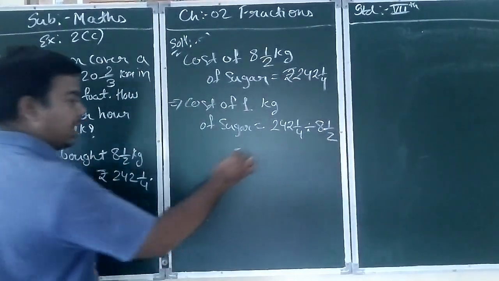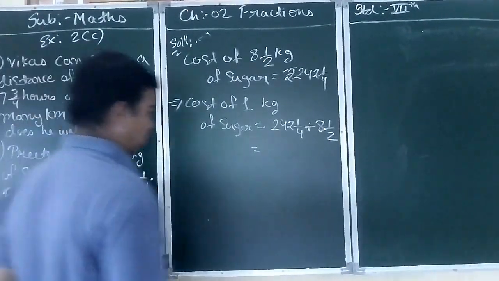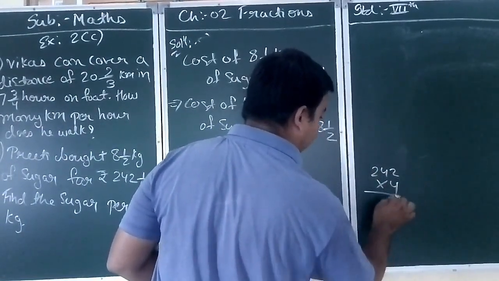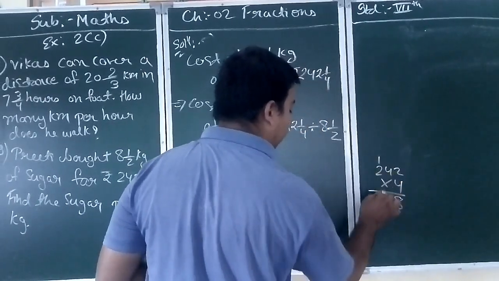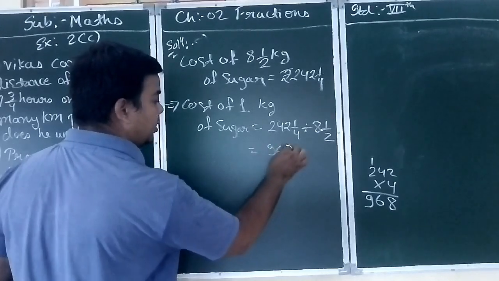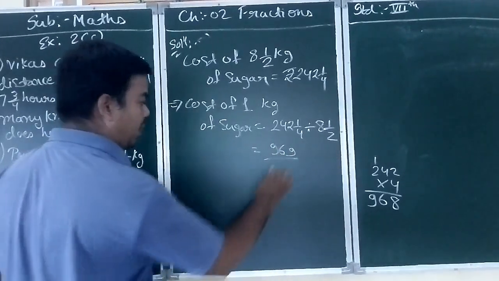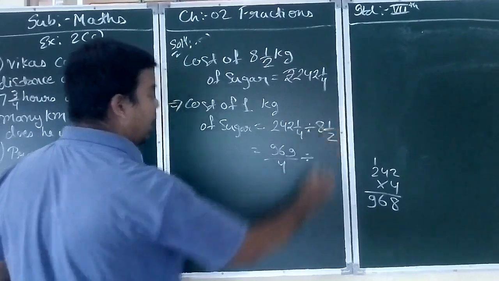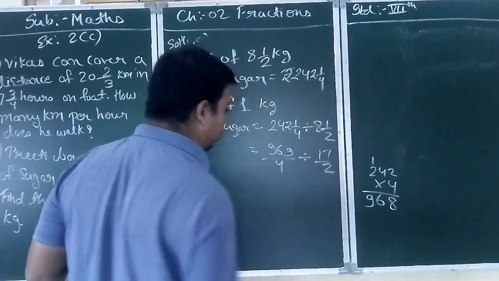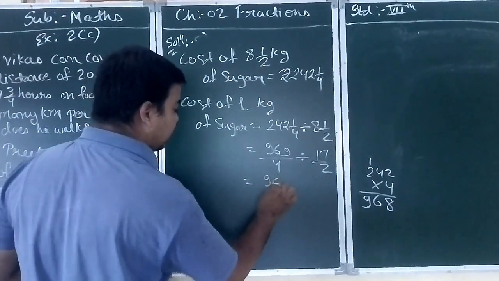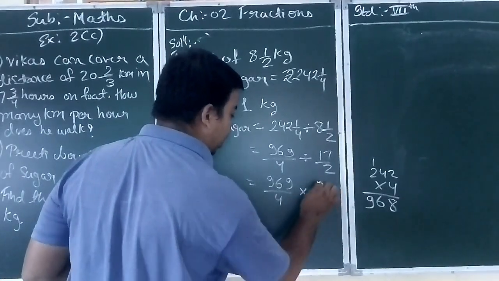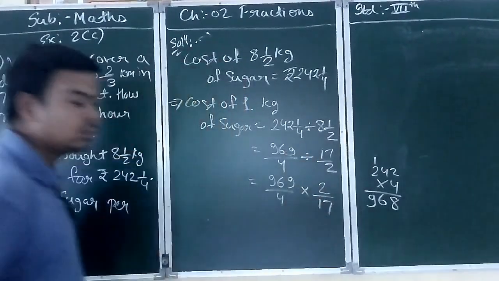Mixed fractions changing to improper fractions. So 242 is multiplied by 4, 4 into 242 is 968, plus 1, 969 by 4. Divided by 8 into 2 is 16 plus 1, 17 by 2. Now 969 by 4 divided by 17 by 2, change into multiplication, 2 by 17.